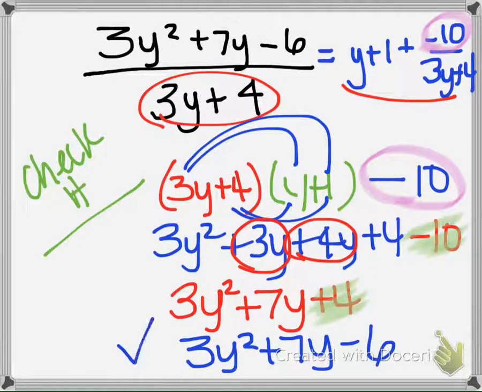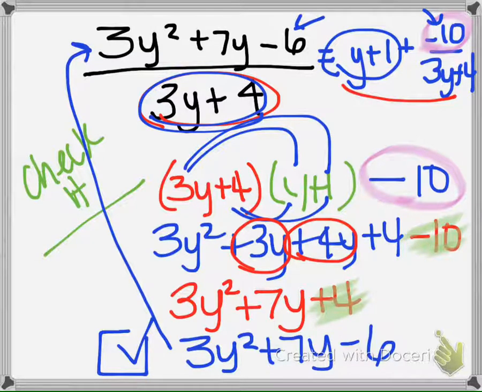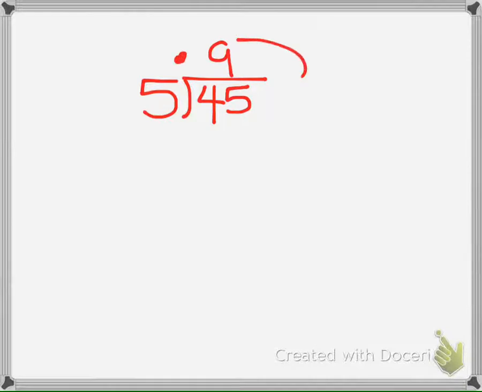So it checks out and it works because when we multiply the denominator by our answer and then include the remainder, we will get the numerator value. Just like with division without the variable expressions, just like if we had 5 goes into 45 9 times, these two should multiply to get that number there.